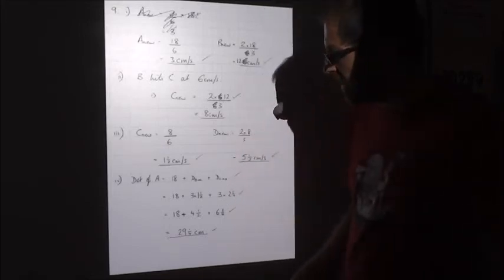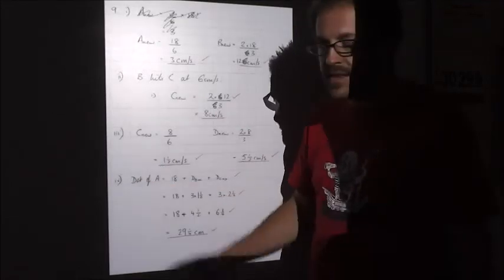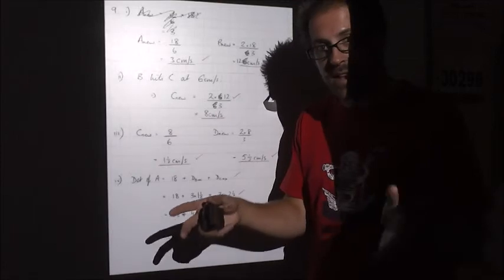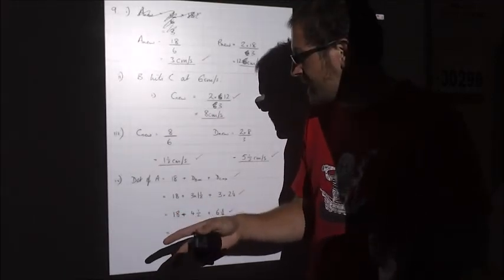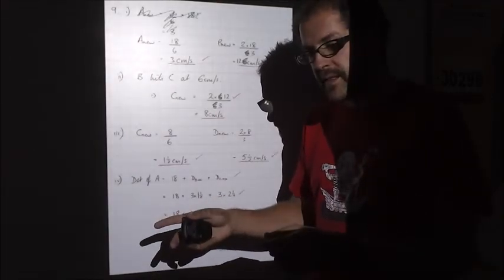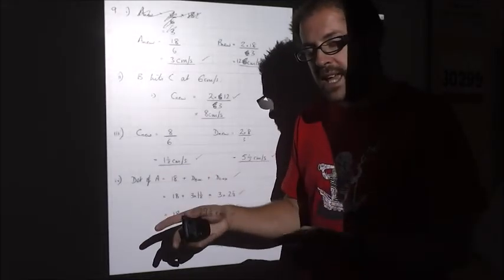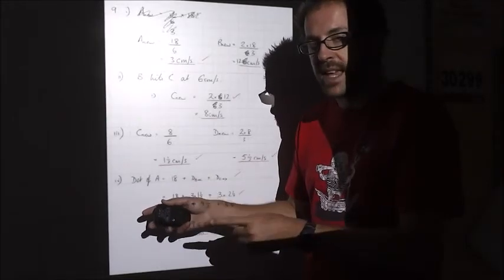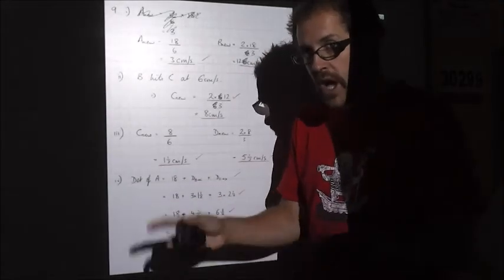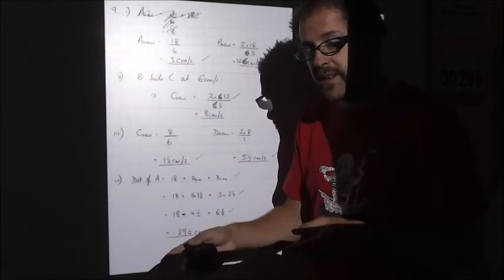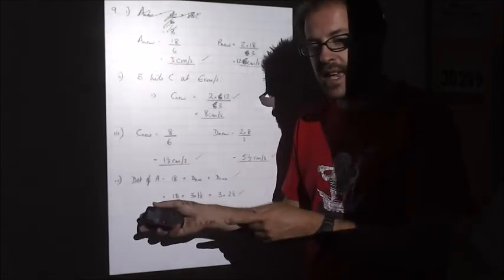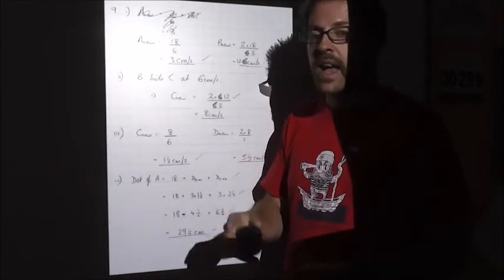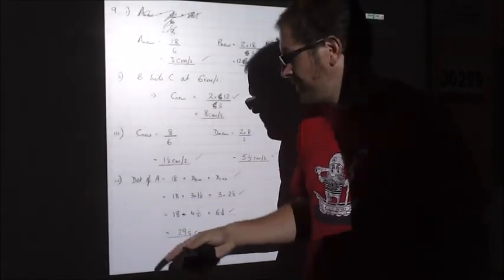Now part 4 is a tricky one at the end. So the distance that A travels, first of all, from A to B, it's 18 centimetres, so that's a nice easy bit. But then we have the distance while B is going to C, and also the distance when C goes to D. So we've got to work out the time it takes B to get to C, and the time it takes C to get to D, and use that to work out at 3 centimetres per second how far A would go.